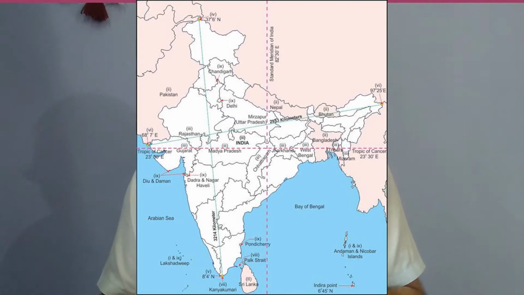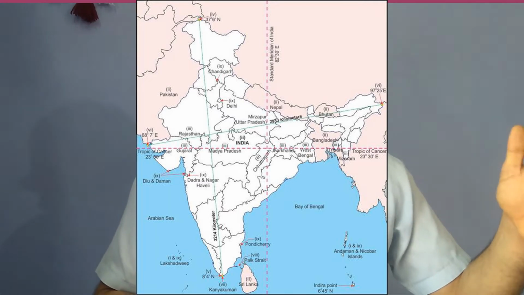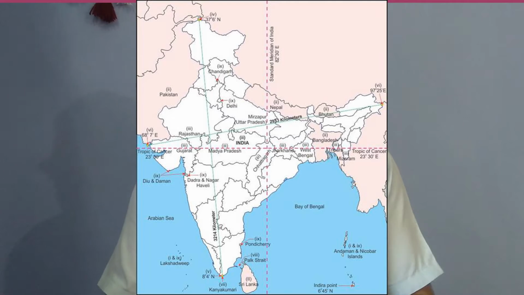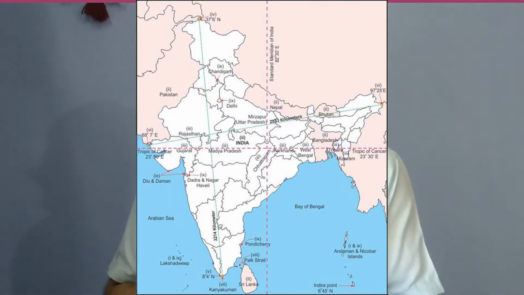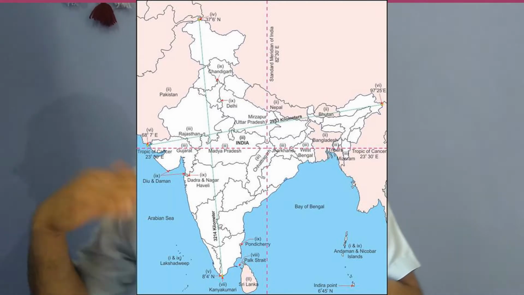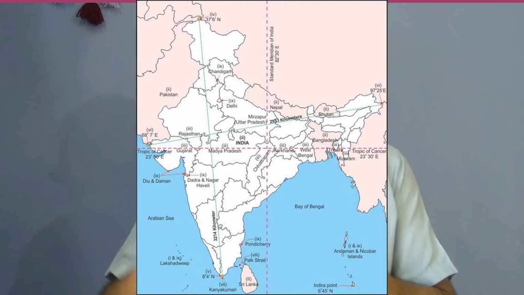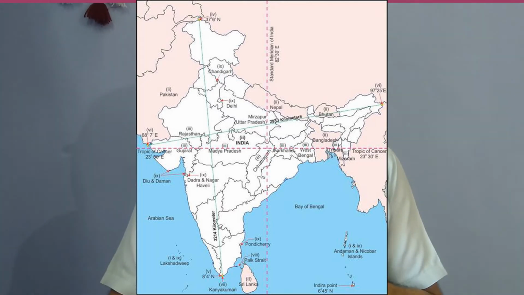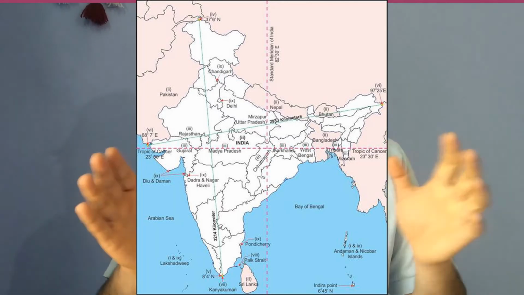The most western line of longitude is 68 degrees 7 minutes east, and the eastern line is 97 degrees east. The difference between these two lines is almost 30 degrees.